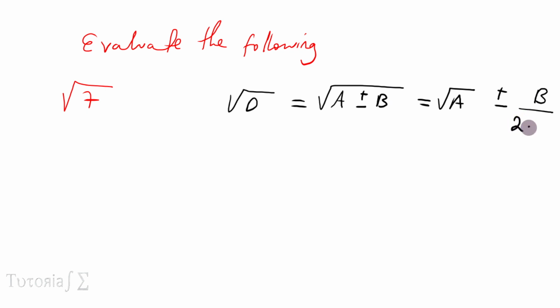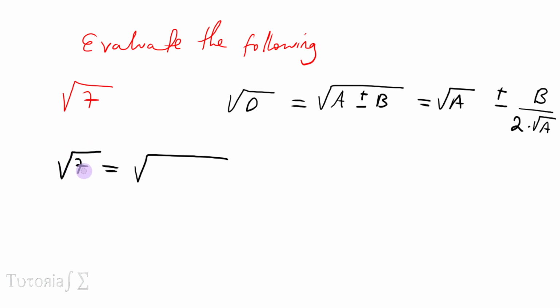So 2 times the root of A. So the root of A, what is here is here. Now in this case, we have 7. So we'll start with root of 7. What is the closest root to 7, especially after 7?